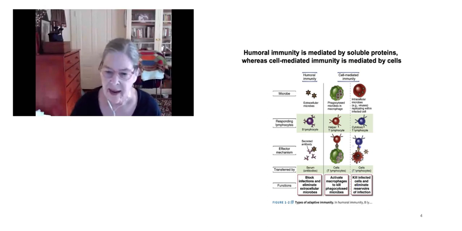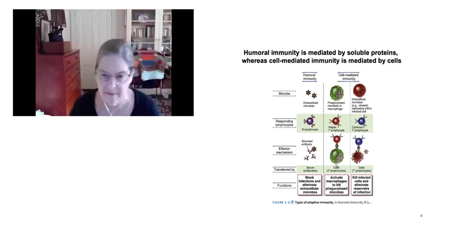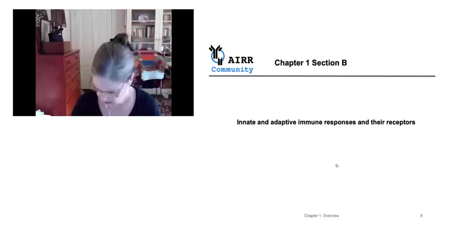So in an infection, between the antibodies getting the extracellular microbes and the cytotoxic T cells, together they can eliminate a lot of microbes, and of course the helper T cells activating phagocytes and so forth.